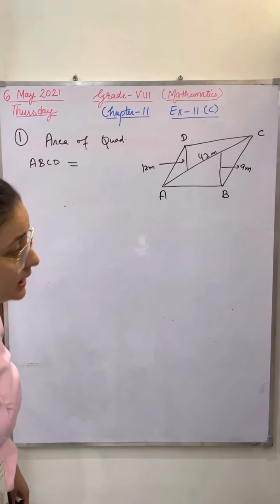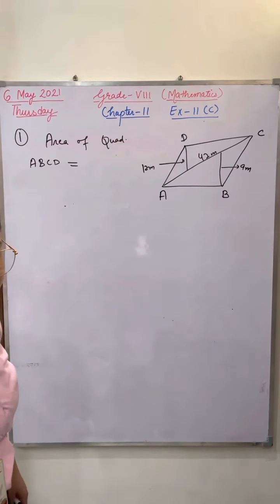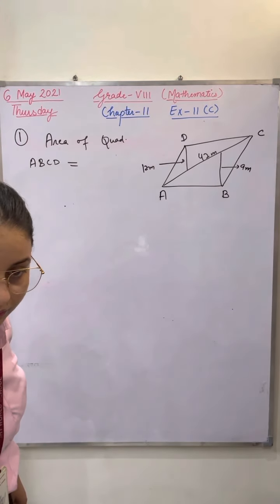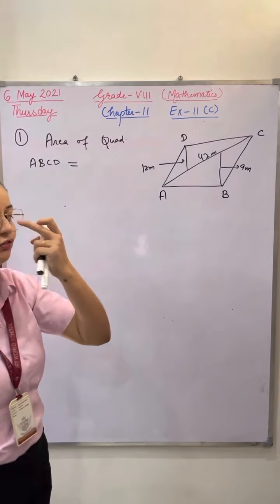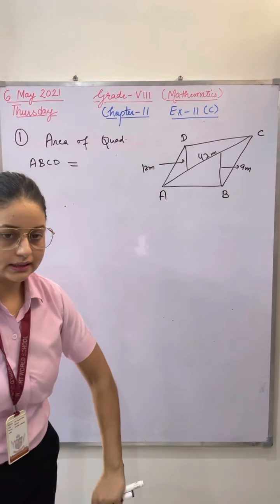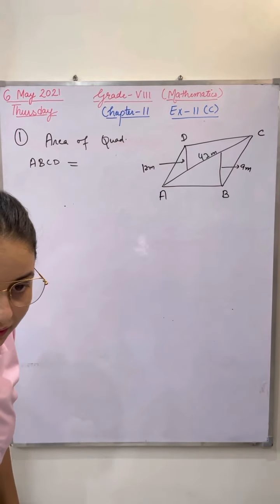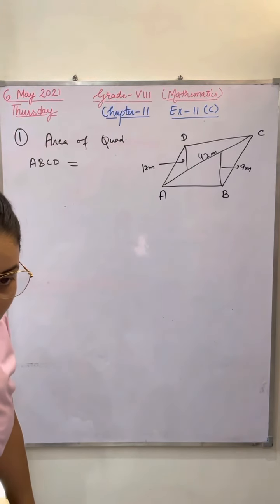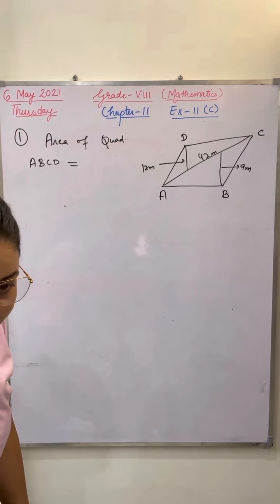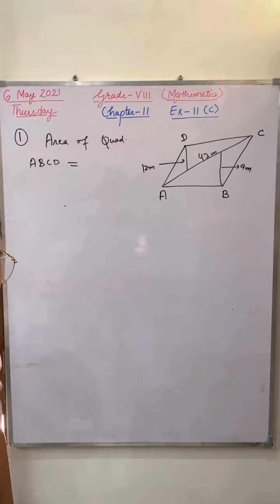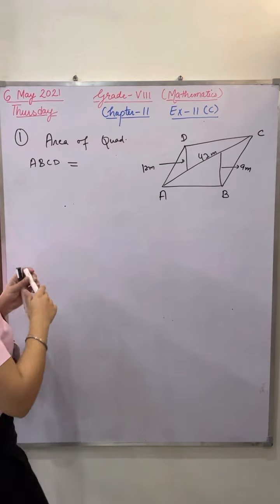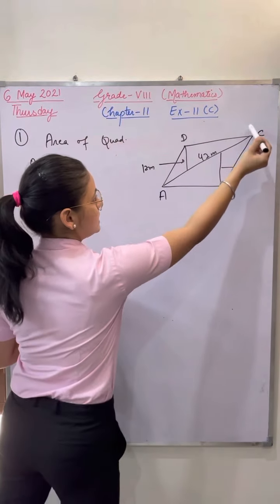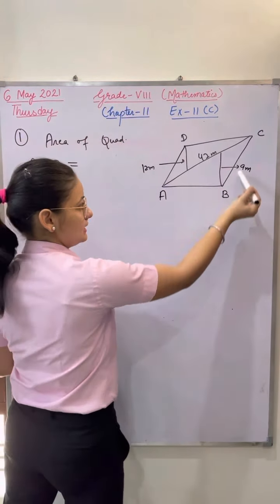Rakshit, ADC, yes, and ABC, very good, Rakshit. Mishika, 4 triangles? No, Mishika, we can't take 4 triangles. See, how many triangles can we take? Avika, no. Nikash, very good. Jasmine, right.